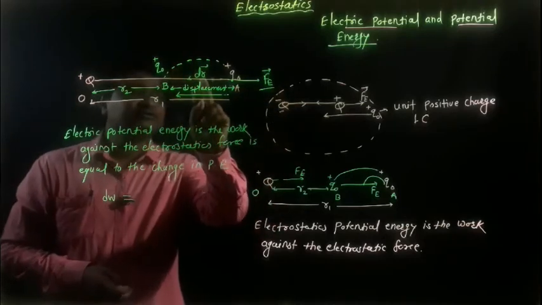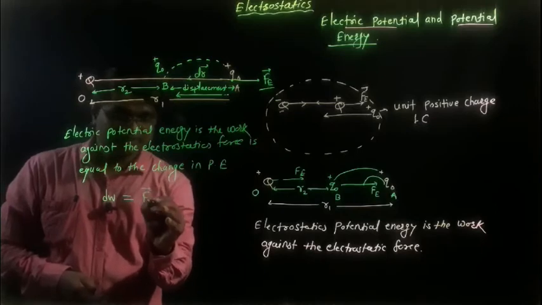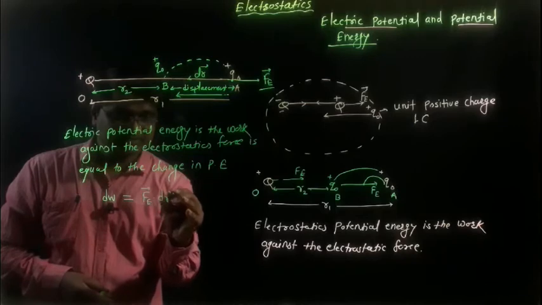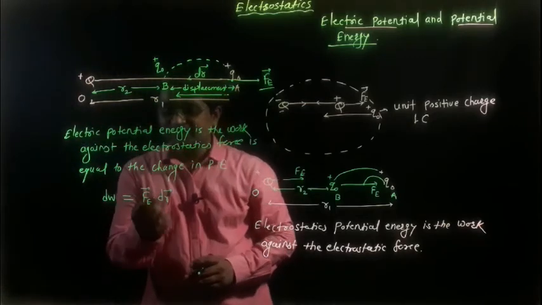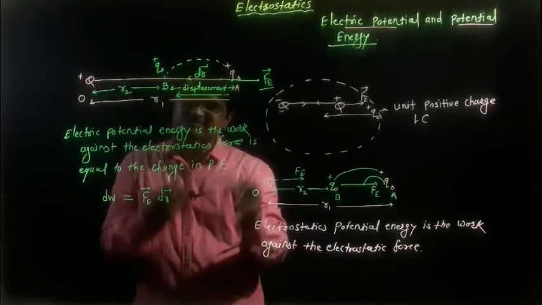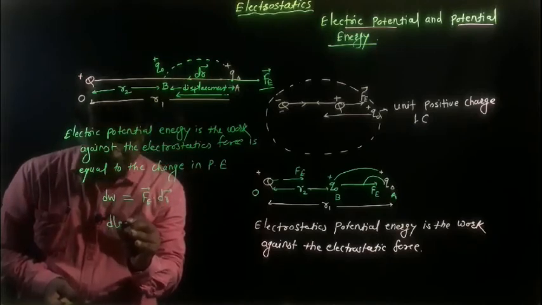So work done is equal to force into displacement, where the electrostatic force is multiplied by the displacement dr. So this is the total work done, and this work done is exactly equal to the change in potential energy, the increase in potential energy, which is denoted by dU.